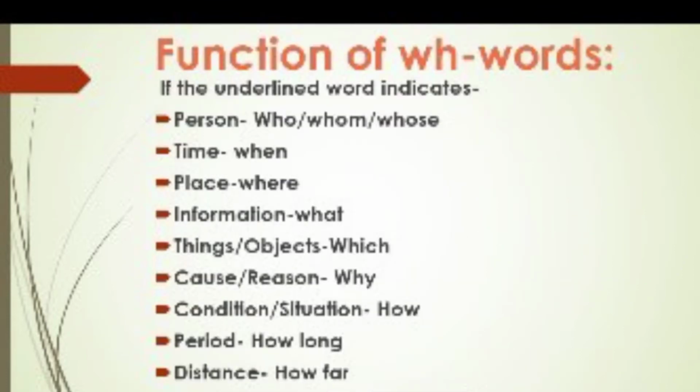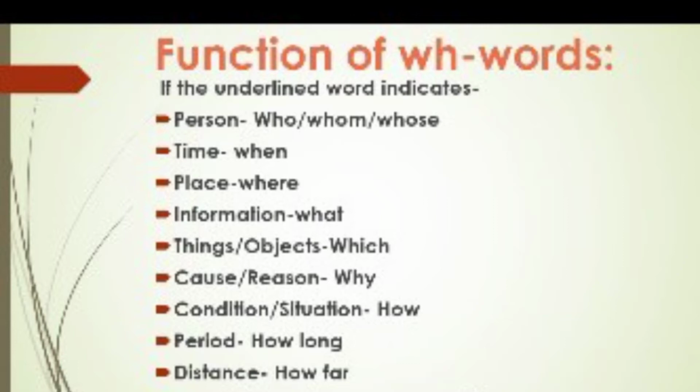Function of WH words. If the underlined word indicates a person, at that time we have to use who, whom, or whose. If the underlined word indicates time, we have to use when.